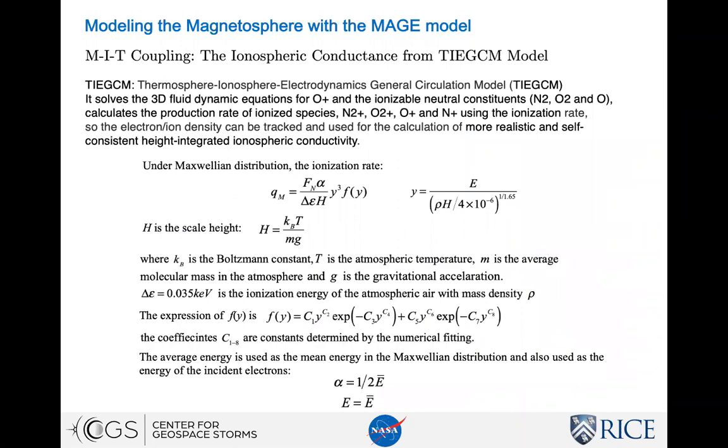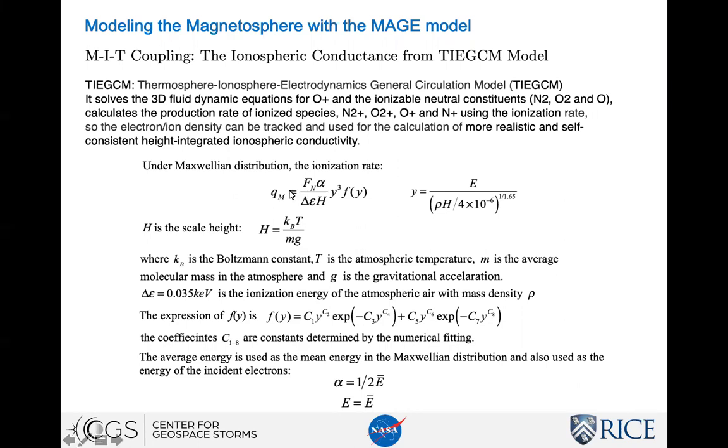The electron precipitation then is mapped to the TiGCM model, which is a thermosphere, ionosphere, electrodynamic general circulation model. It solves the 3D fluid dynamic equations for oxygen ions, O+, and other ionizable neutral constituents, such as nitrogen and oxygen molecules and oxygen atoms. It also calculates the production rate of the ionized species using the ionization rate.